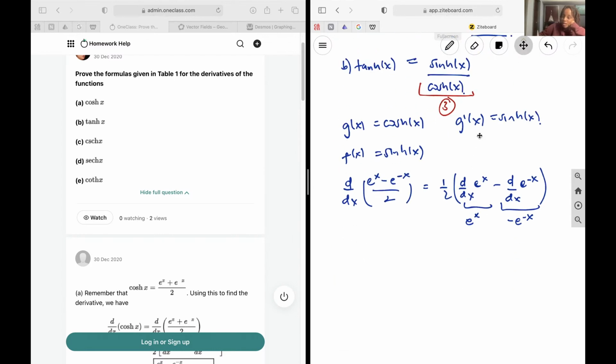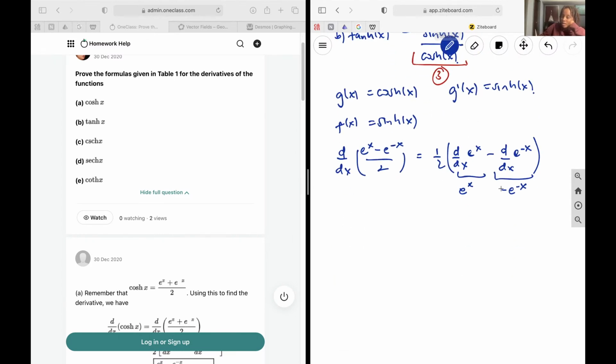And so as my final answer, these two minuses will combine to give me a positive, and this will give me e to the x plus e to the minus x over 2, which we saw initially as cosh x. And so they have a similar relationship to sine x and cos x of being each other's derivatives. And so f prime x is equal to cosh x.